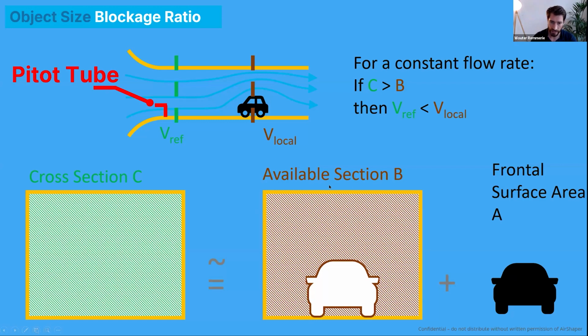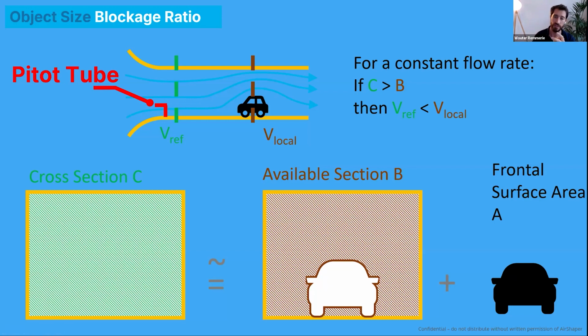If this is your car and this is the test section, the air has to fit through this area, which is lower than the cross-sectional area of the tunnel without an object. That means the same flow rate will have to speed up to maintain a constant flow rate. So if at the beginning of the tunnel your flow velocity is 10 meters per second, around your car it might be 11 meters per second.